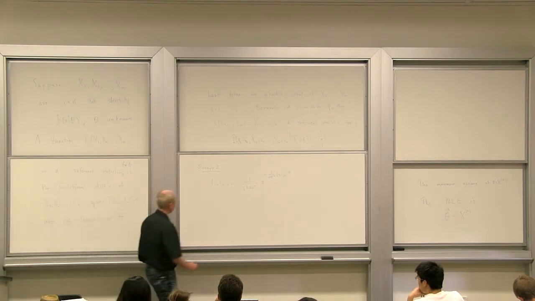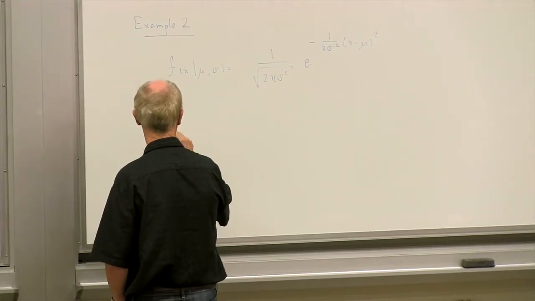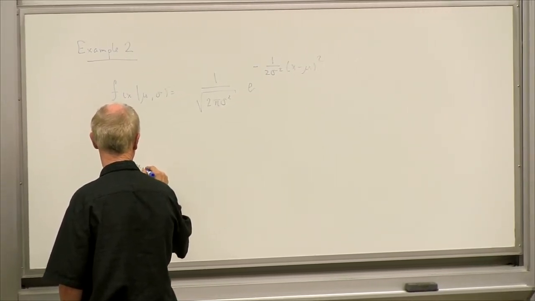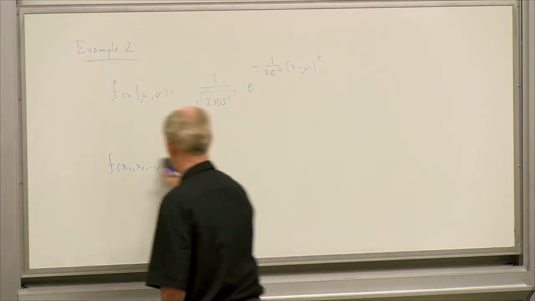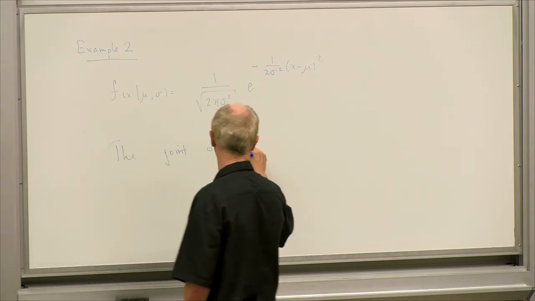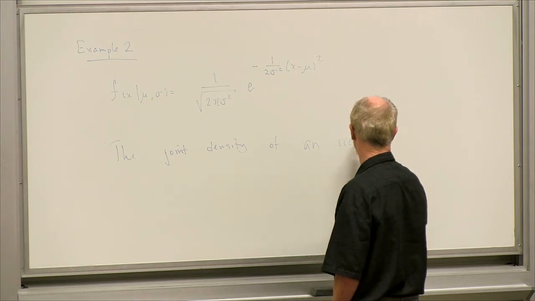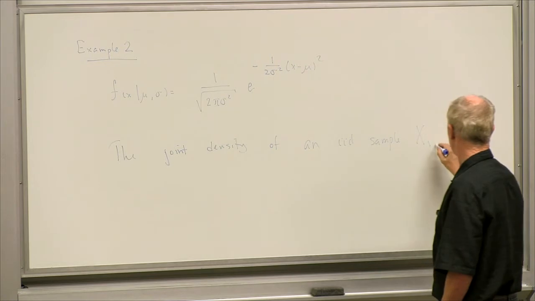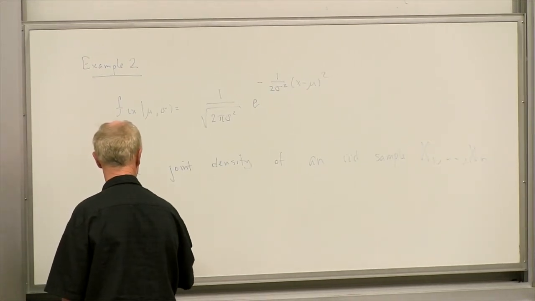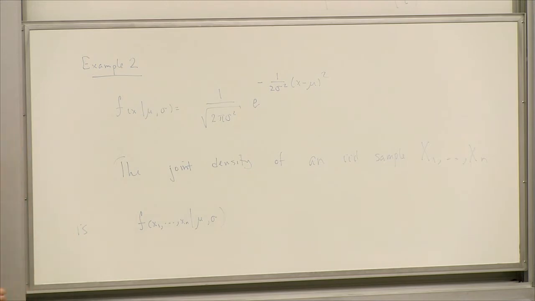Okay. So let's suppose we have some data. And let's write down the joint density of an IID sample from this distribution. Well, the joint density would just be the product of the individual densities.